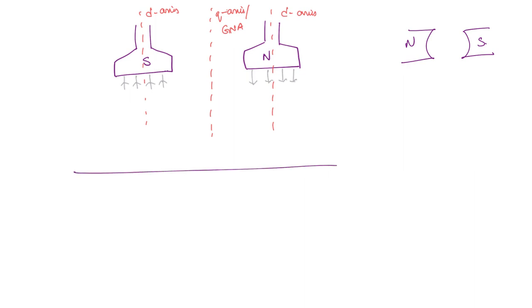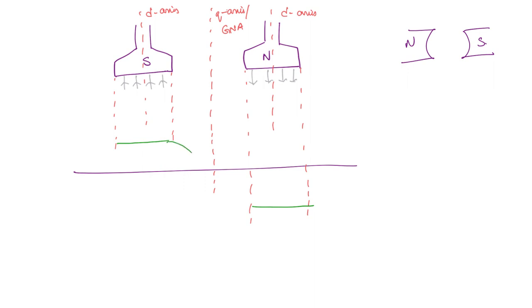Now the field flux we can represent as this. See, under the pole face it is going to be high, and after that it will keep reducing. What about under the north pole? Under the north pole it is also going to be high, but it will be in the opposite direction like this. Okay. At the quadrature axis it will become 0.